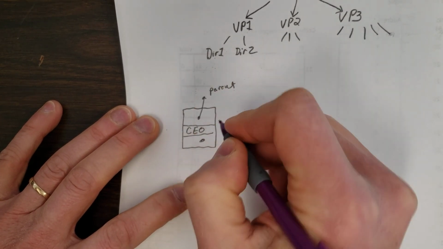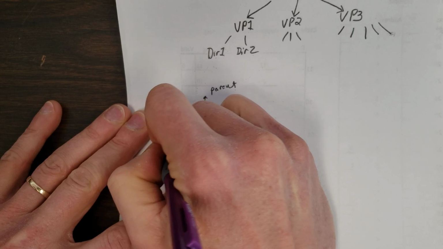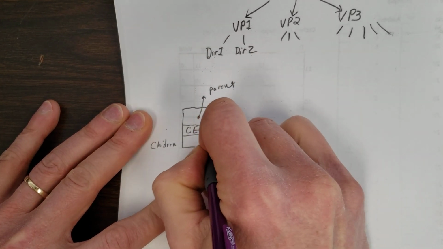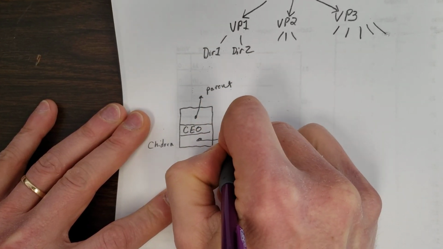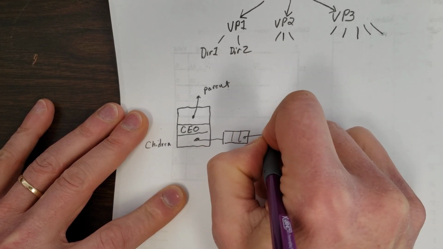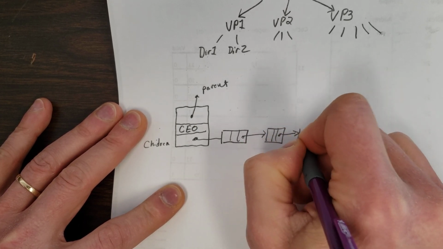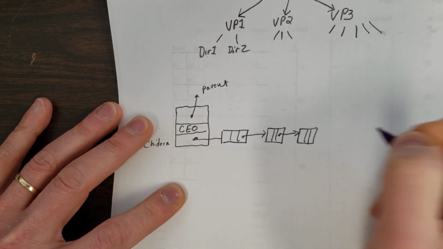And then for the children, you could have that be a linked list of nodes. And so all the children would end up going into a linked list.